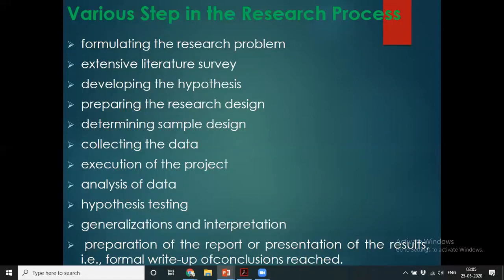Then execution of the project, analysis of the data, hypothesis testing, then generalization and interpretation. All these we discussed, and then preparation of the report and presentation of results. The formal write-up of conclusions is at the end. This writing part is also very vital, because you have to show the result to the scientific community.